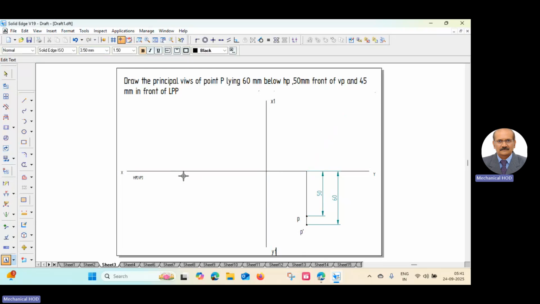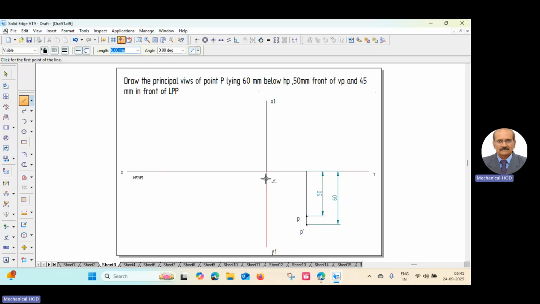Now to draw the profile side view, the standard procedure is that we have to draw a 45-degree line from the point of intersection of X1, Y1 and XY. How to reach this point? Scroll up on this vertical line.